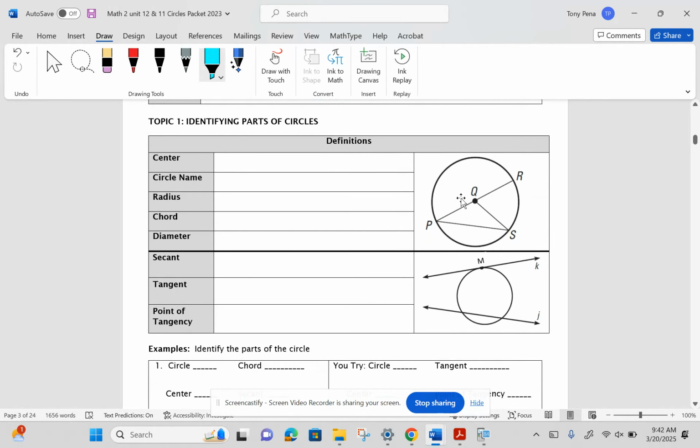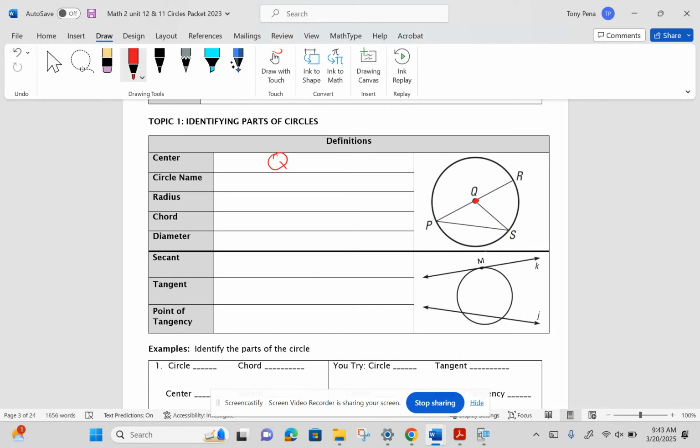Okay, so in here, what I'm just going to have you do is to name what these are. If you look at this circle over here, if I ask you for the center of a circle, the center of a circle is always the point that is equidistant from any point on the circle. So in naming the center, it's just whatever letter that dot is named with. So that's just point Q, okay?